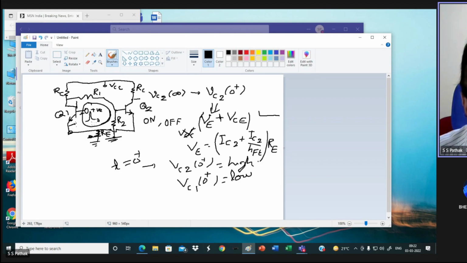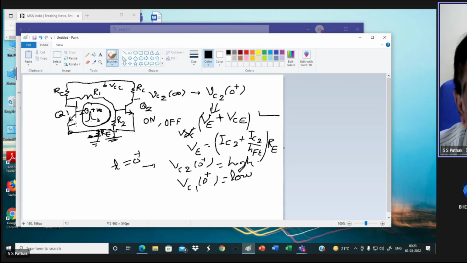When the second trigger appears, VC1 should become high. Second trigger should become off. It was active, high. Mistake. This becomes high.